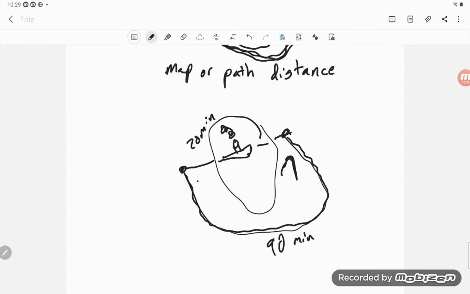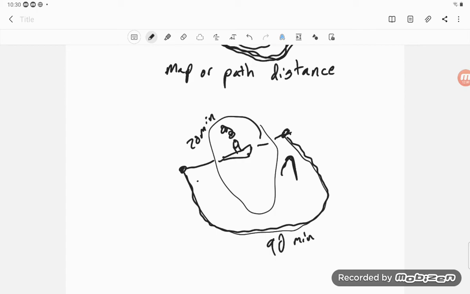And probably you've all done that at some point. You know, how far is it to get from your home to work? And often you'll tell people, oh, it's about 15 minutes, right? You don't tell them it's 2 miles or 10 miles, right? Because one person for whom it's 15 minutes, it might be 12 miles. But for another person, depending on where they live, to get to work in 15 minutes might only be 2 miles.